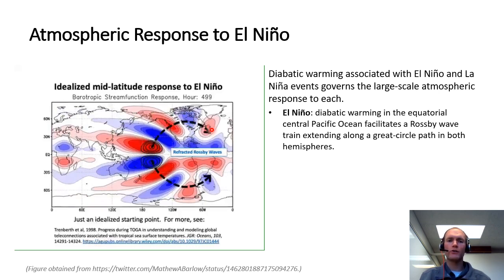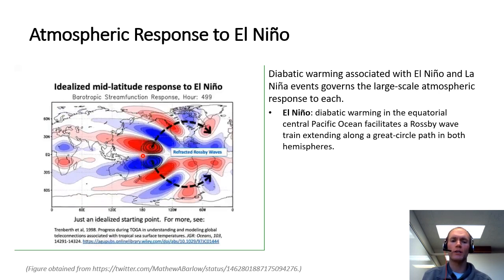And note that the colors are opposite in the southern hemisphere, given the opposite sense of rotation. Ridge, trough, and ridge. So we get this pattern that extends over many thousands of kilometers beyond the tropics in both the northern and the southern hemisphere in response to this diabatic warming centered in the central equatorial Pacific Ocean.